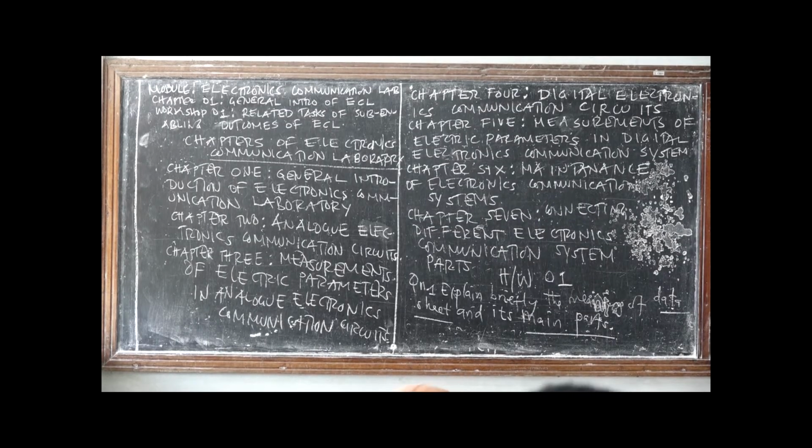Our workshop 2 will be just talking about data sheets, because I have to teach you about the mind of manufacturers of different electronics parts and instruments. So that homework is very, very important. Make sure that you do it before we meet in the next workshop.